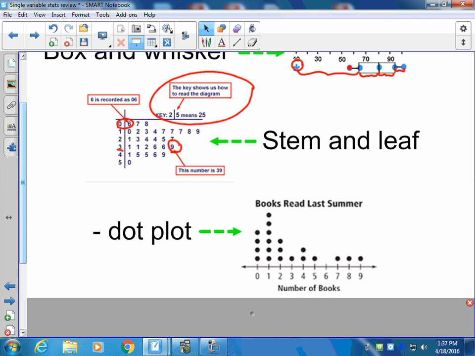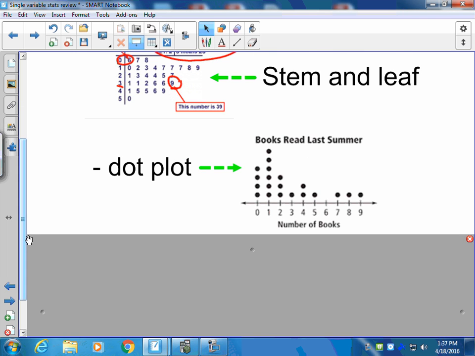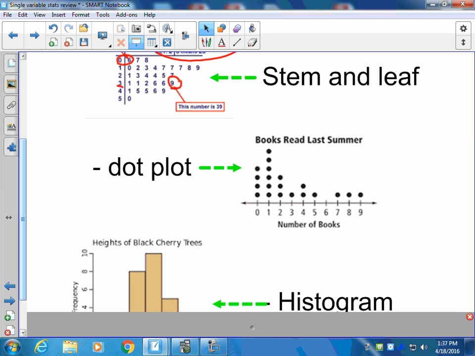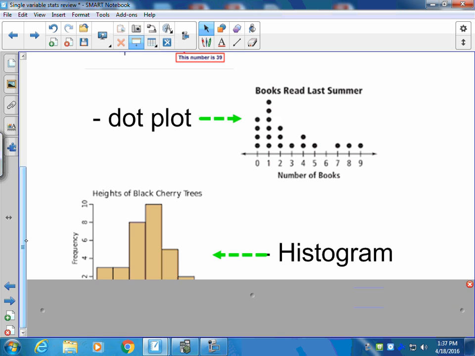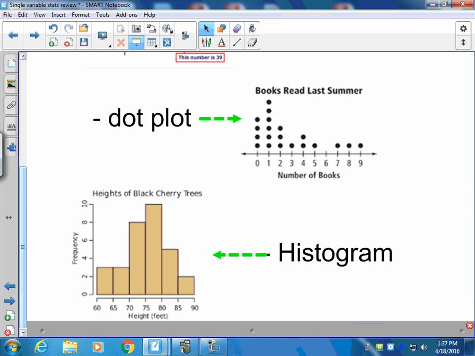You could be asked to do a dot plot. A dot plot shows each individual value and what it represents. It is very similar to, but different than, the histogram. The histogram uses intervals. If you notice in this graph, the interval from 60 to 65 has 3 values in it.